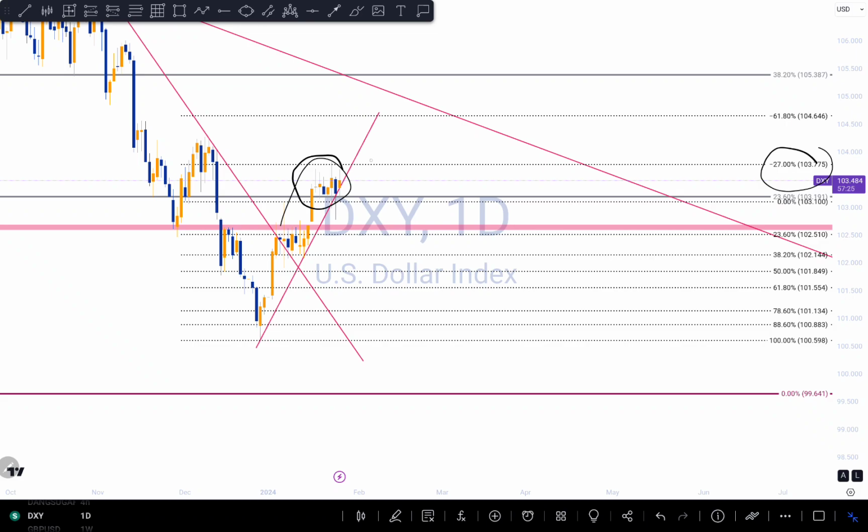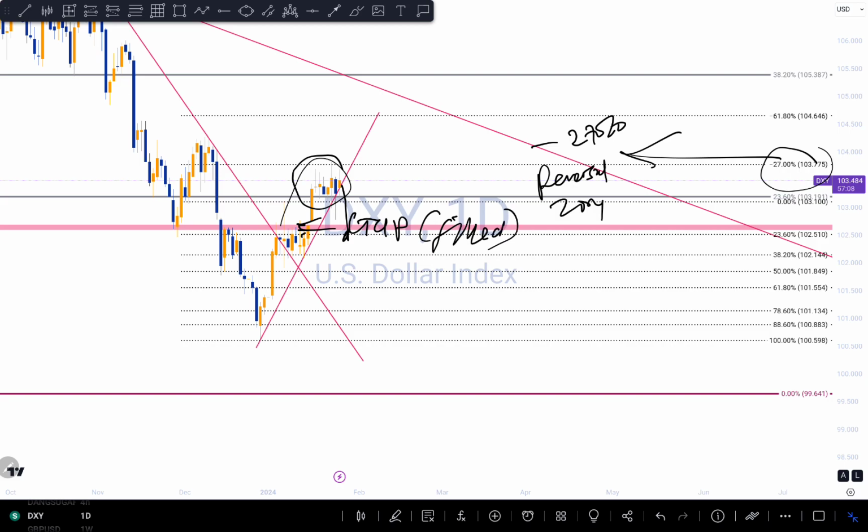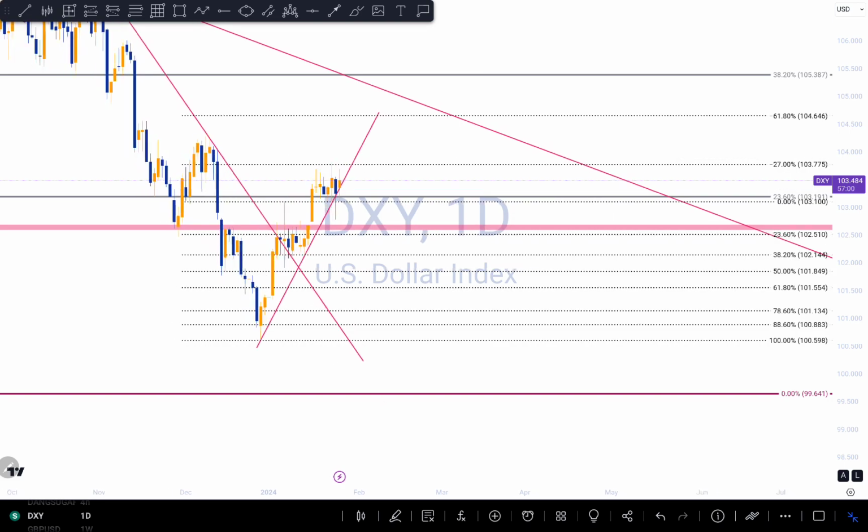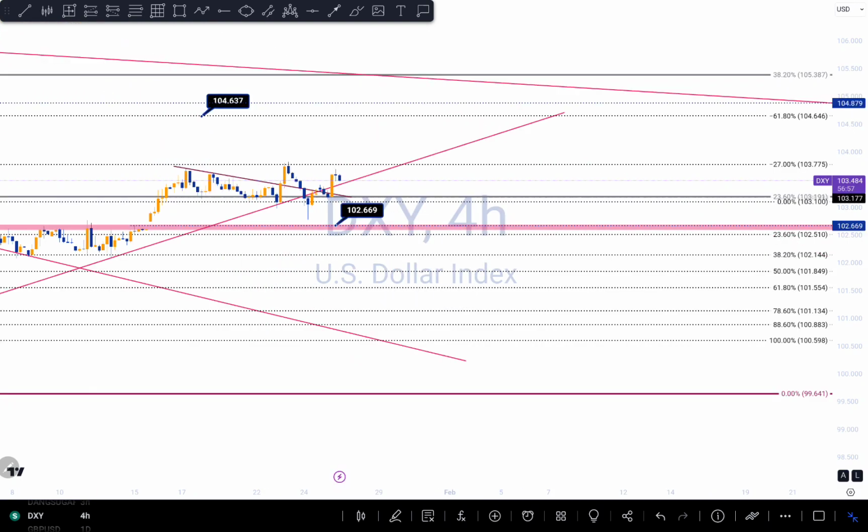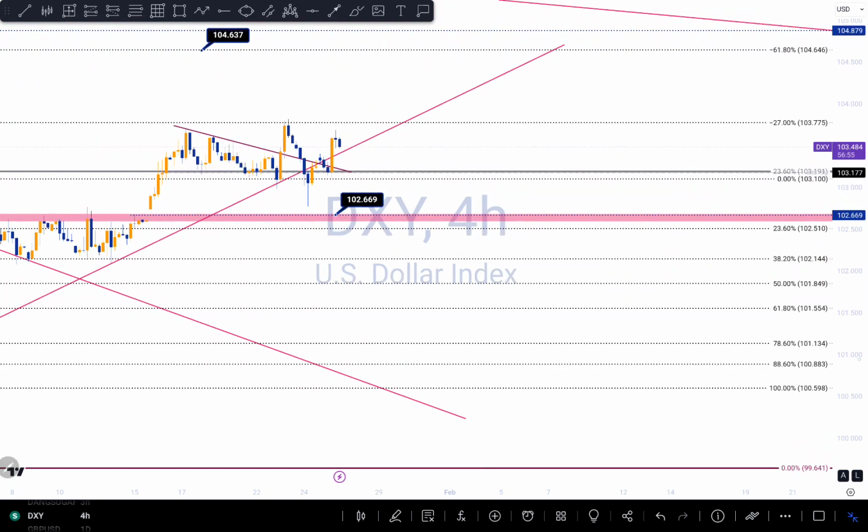But I think we might reject a little bit to the downside, because my negative 27% fib level is a reversal zone for me, so we might still push down to my target, because there is this gap right here that hasn't been filled yet. So that's a possibility for a push to around that area to either continue to push to the downside or tank to the upside. So, my 4-hour time frame, let's see how that plays out.